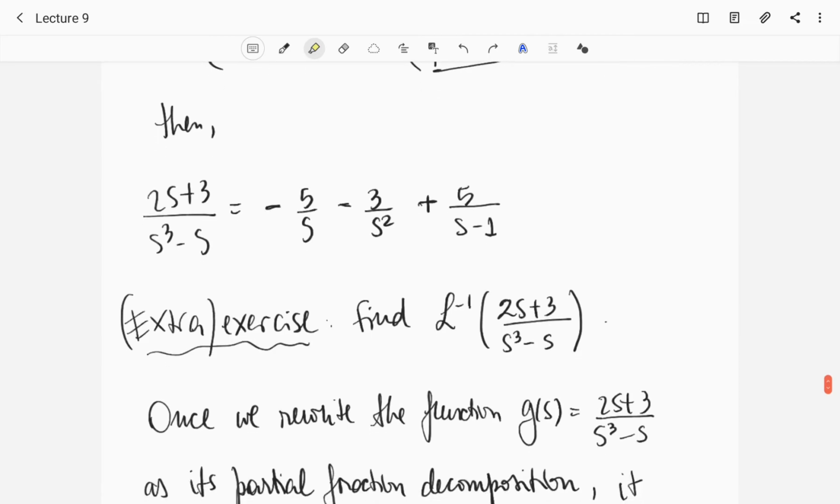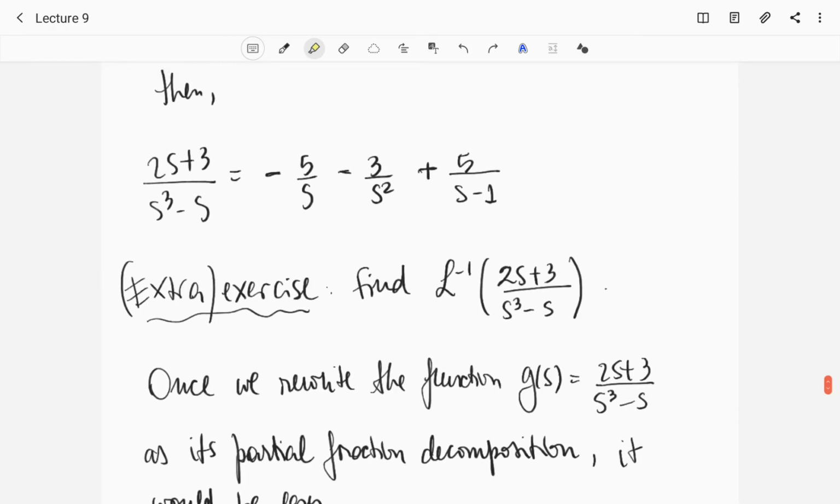Now we have our rational function and its partial fraction decomposition here. And what's nice about this? Why do we do this? It's a fair question.